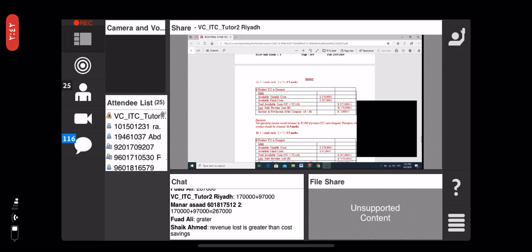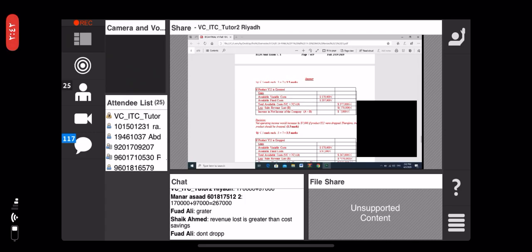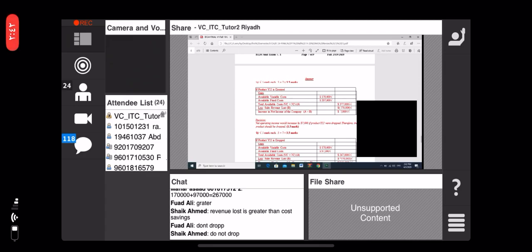Revenue loss is greater than, so our decision will be do not drop. Do not drop. So question number 3 is clear now. Is there any question?